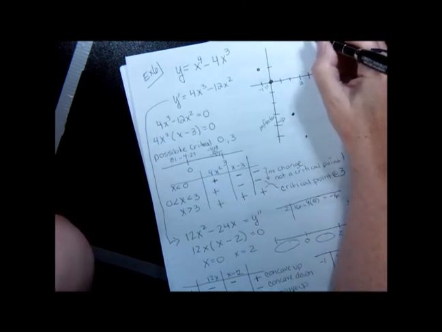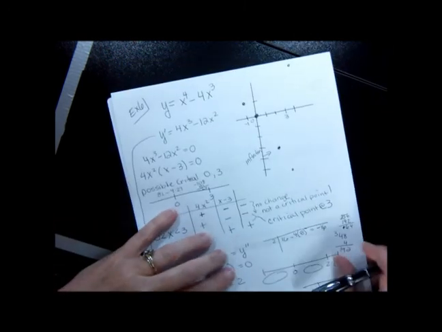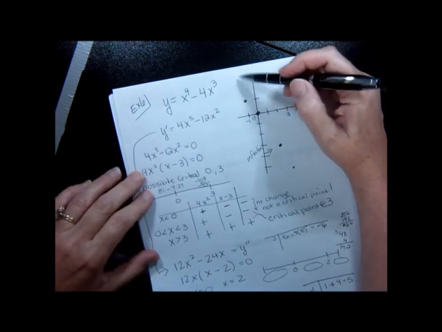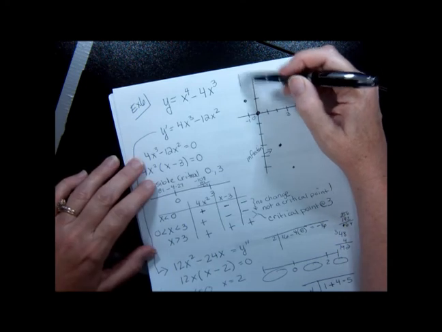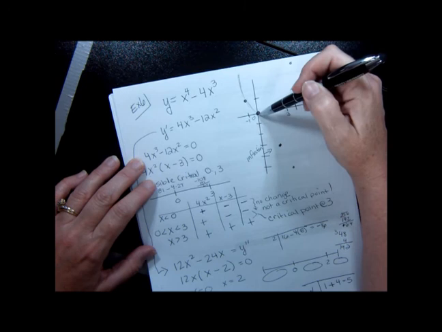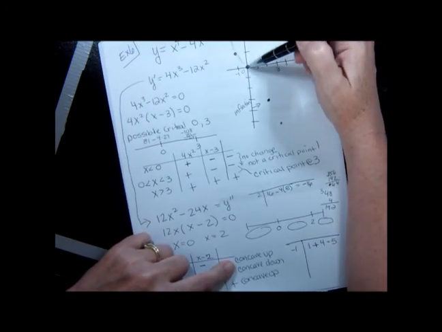All right, now let's take a look at what we know. Right now it still looks like a bunch of dots, but if I sketch, I'm coming down and I know that I'm concave up at first. So I'm coming down and I'm concave up. But then I hit this 0 point, and at the 0 point I go from concave up to concave down.